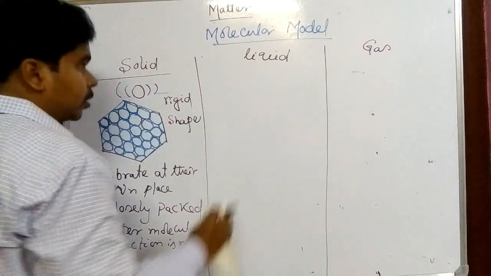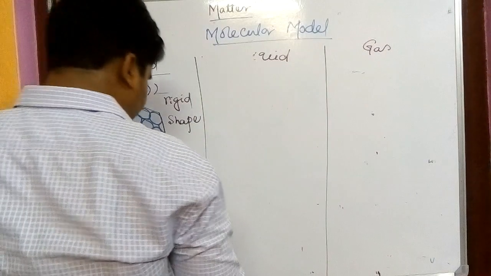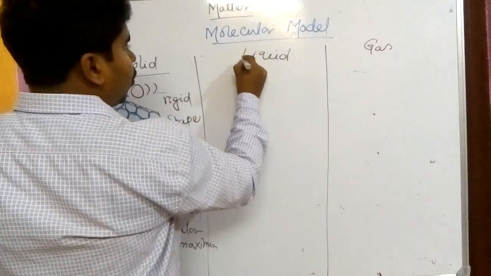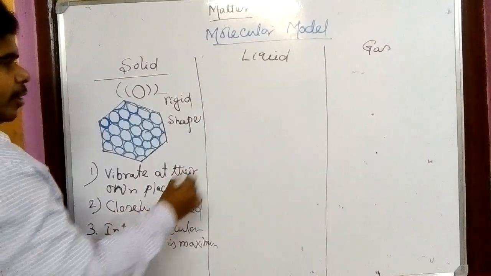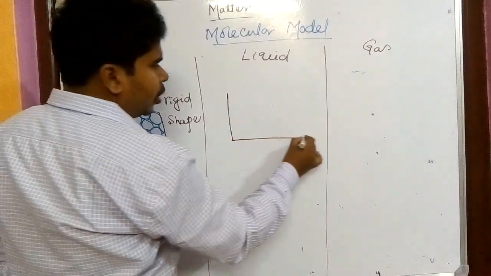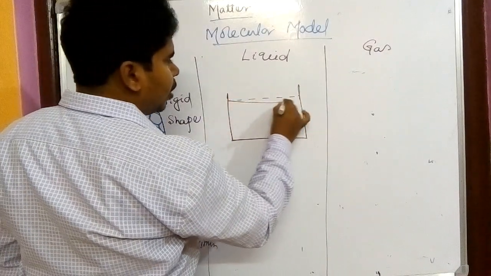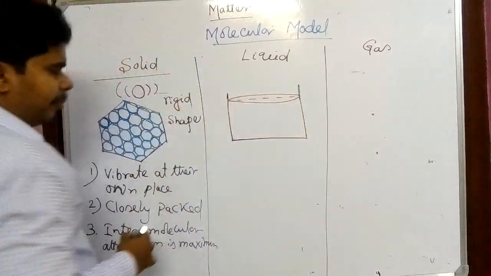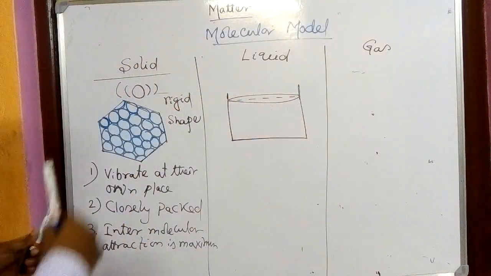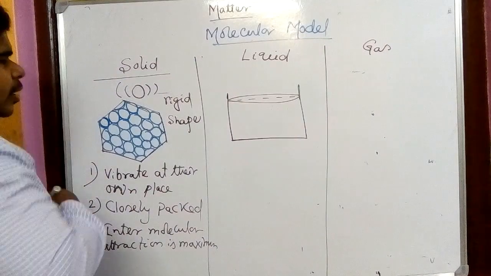Now we have to come to the molecular model of liquid. What is the molecular model of liquid? We know liquid generally stays in a container, and that is the level of the liquid. What will be the arrangement of the molecules inside the liquid?